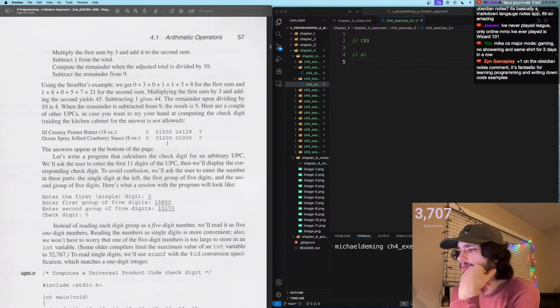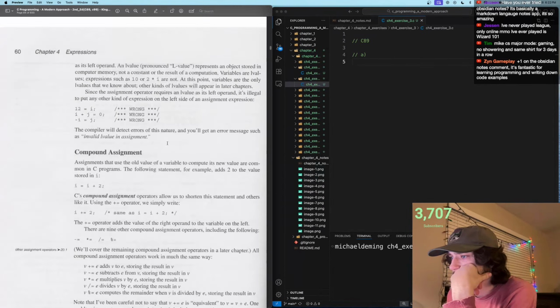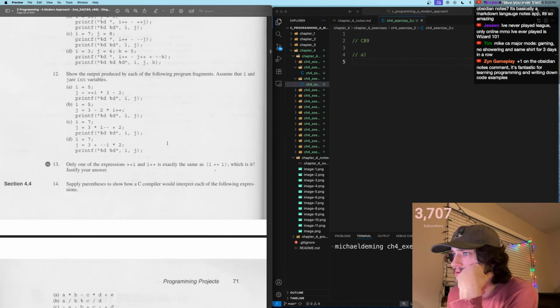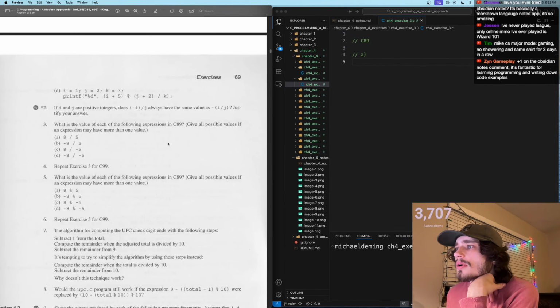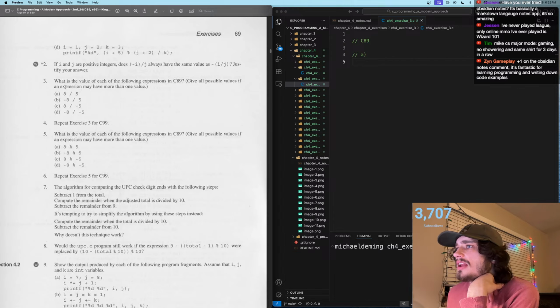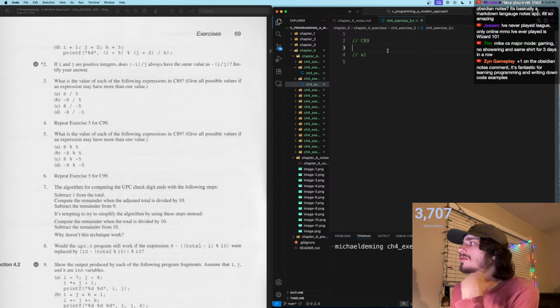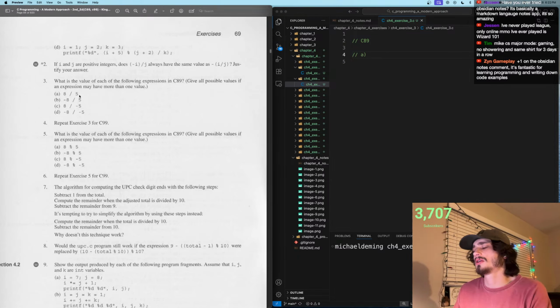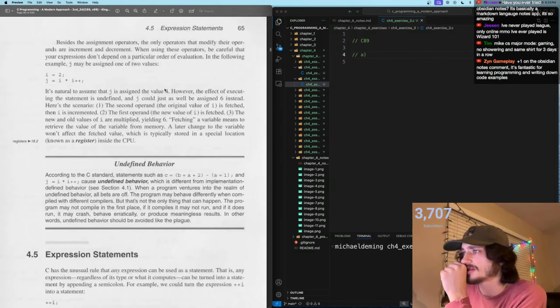Okay, let's go see our practice problems here, exercises. Okay, so in C89, the truncation can either be rounded up or down, even with negatives, or does it always have to be positive?